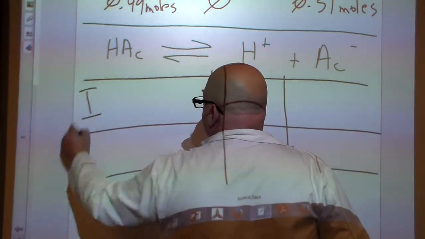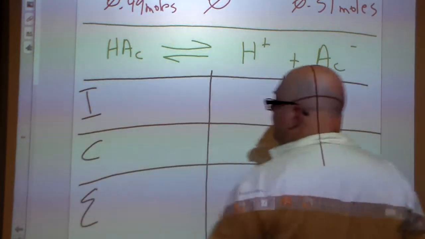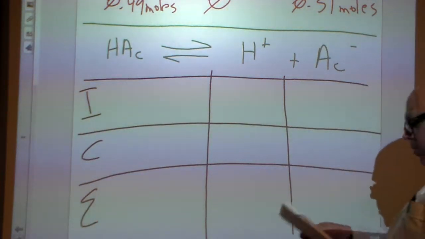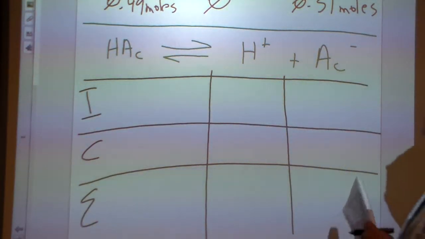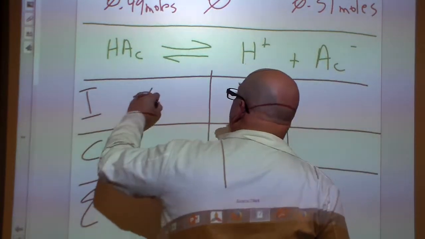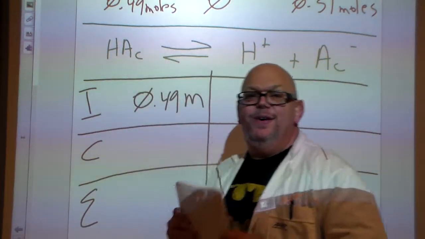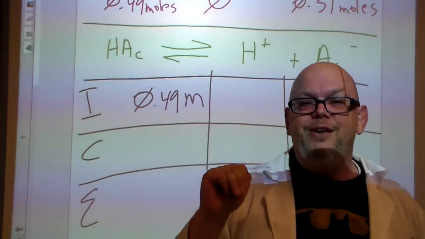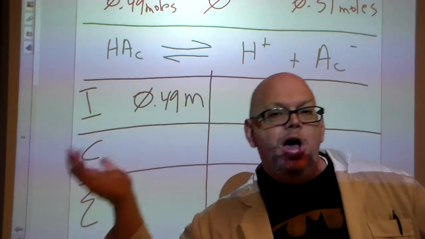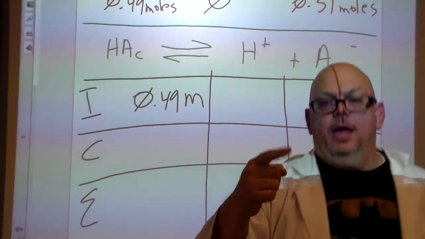Now this is 0.49 molar. Remember, those moles are all in 1 liter, and molarity is moles over liter. So 0.49 over 1.